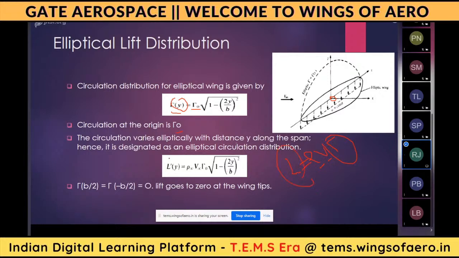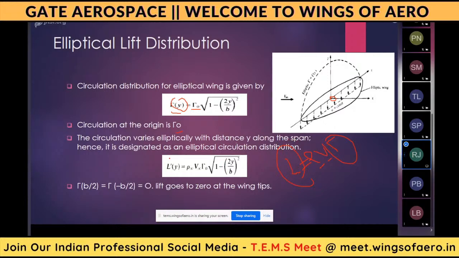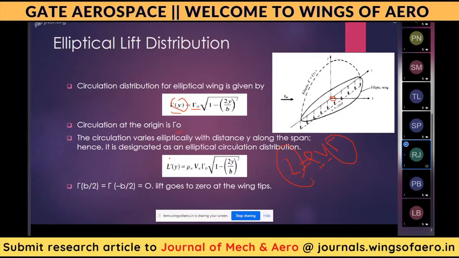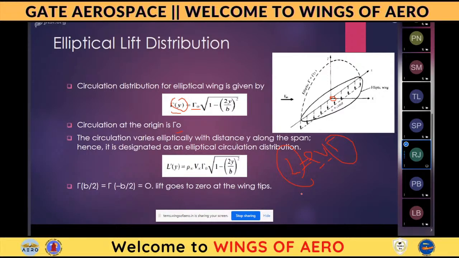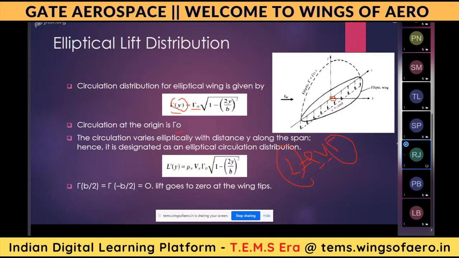Then we all know in Prandtl lifting line theory, we found that the circulation at the wing tips is equal to 0. Along the chord the lift distribution changes, which we can see in this diagram.